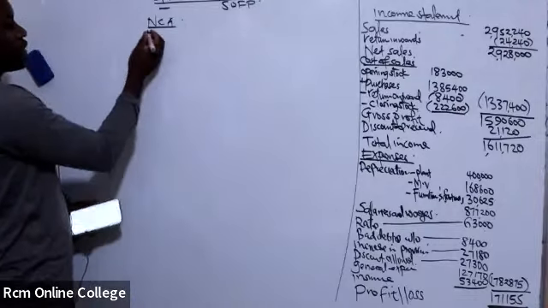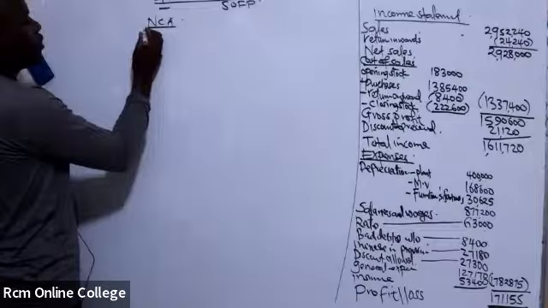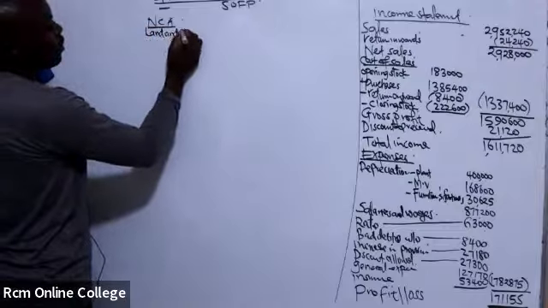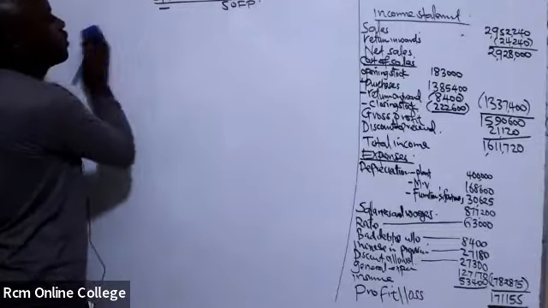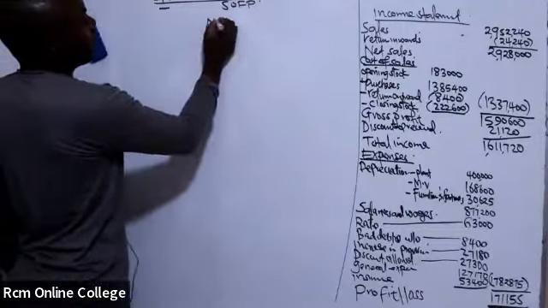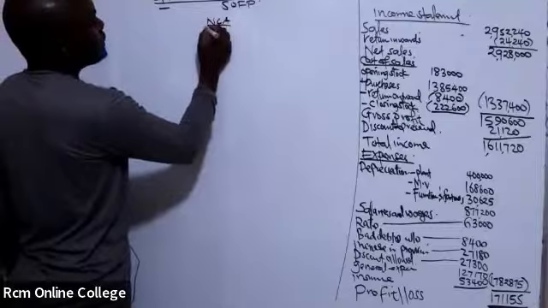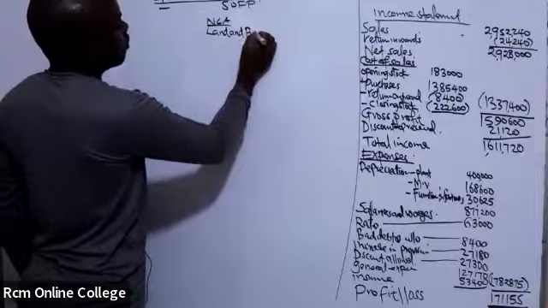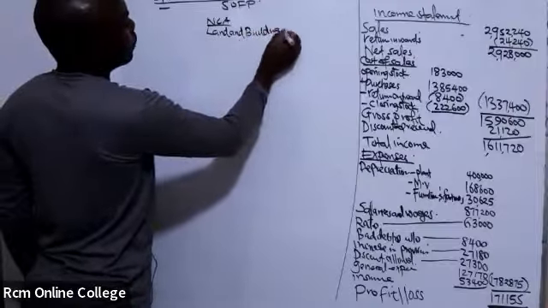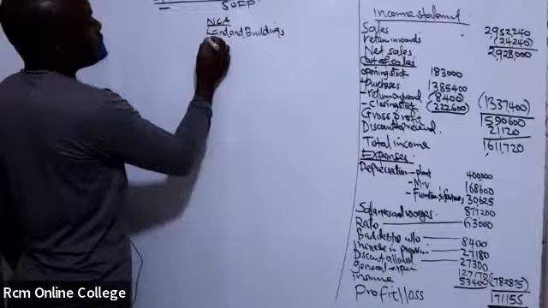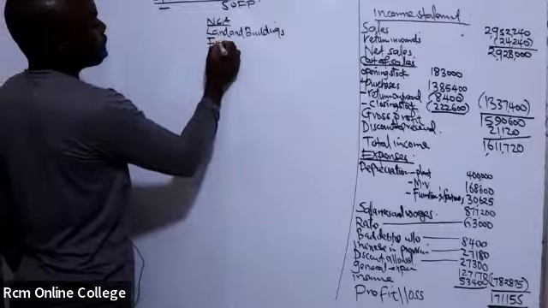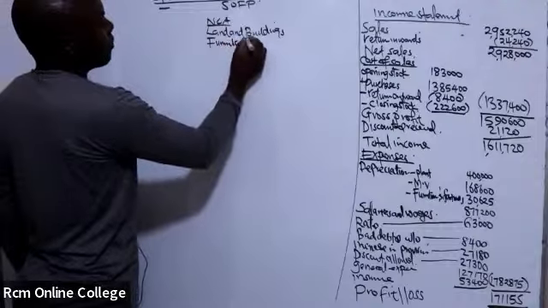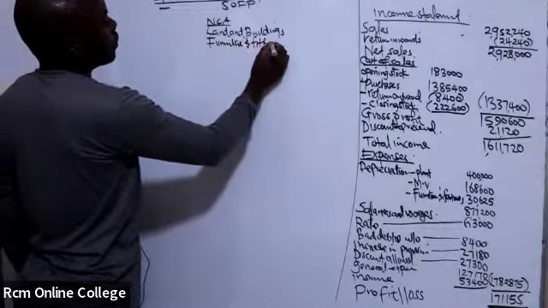So one of the non-current assets we said is land and buildings. Non-current assets: we have land and buildings. We have furniture and fittings.